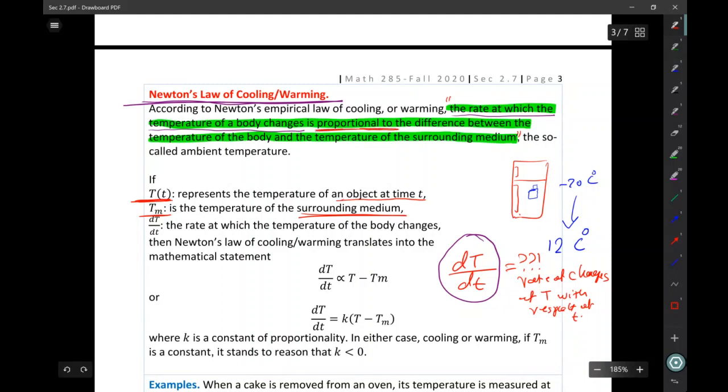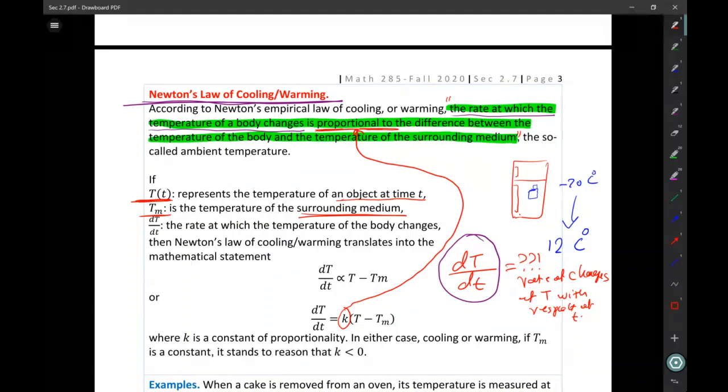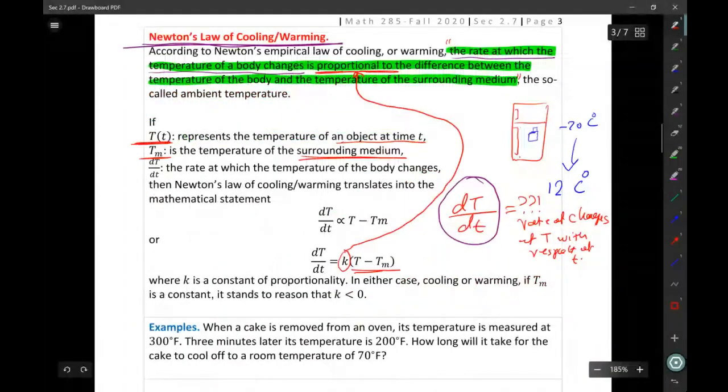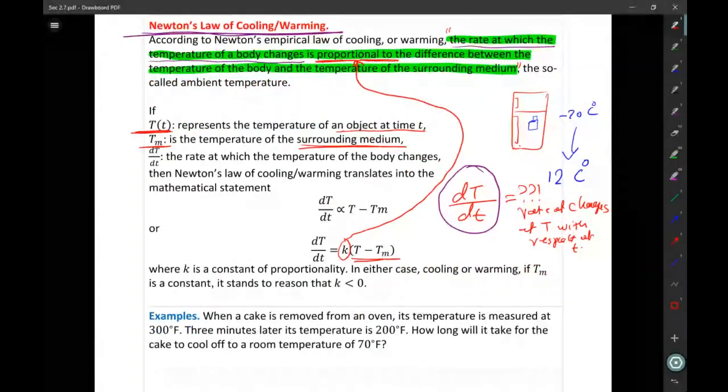Proportional means there is a constant K. This is what I mean by proportional, to the difference between the temperature of the body and the temperature of the surrounding. Difference. He said difference. It becomes T minus Tm.